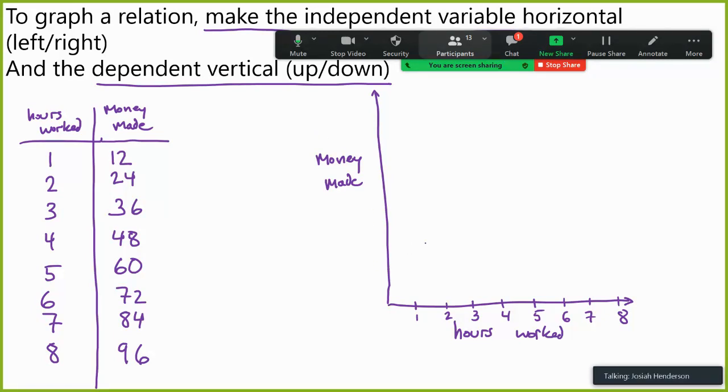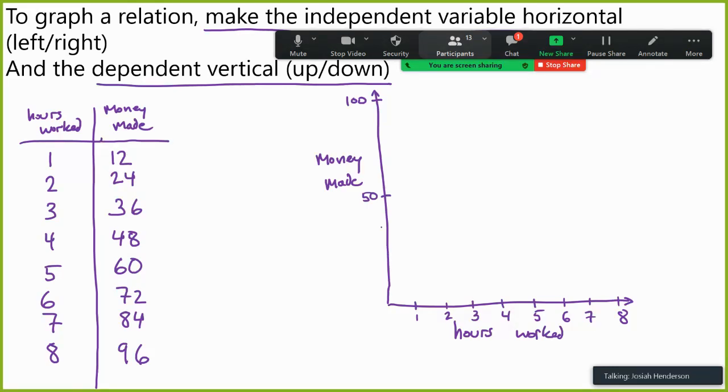Now, our money made is supposed to go up to 96. So I'm not going to draw 96 different dashes and entries. Instead, I'm going to round up to a nice, easier number to graph, like 100. And then we're going to cut that in half at 50.